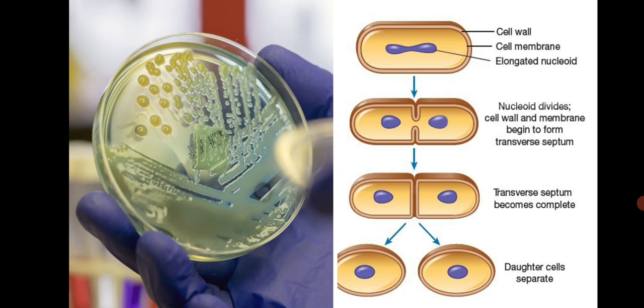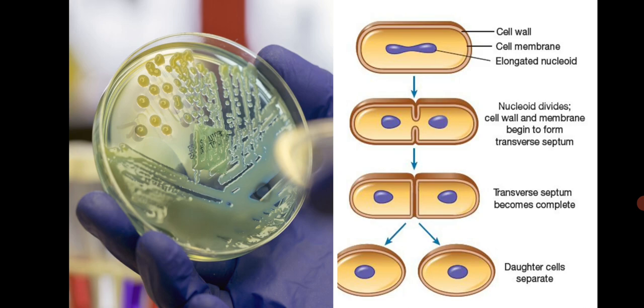In the second step, the elongated nucleoid is dividing into two and getting separated, moving towards the poles or corners of the cell, and the cell wall and membrane are protruding inwards, forming a cross wall or transverse septum.